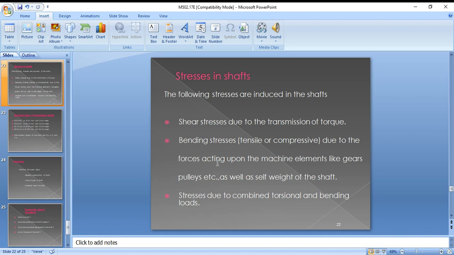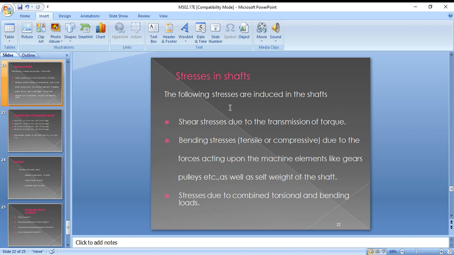So the cross section of the shaft must resist the forces involved. The shaft must have high strength so that it can sustain the external forces. The stresses developed on the shaft can be sustained based on the cross section.